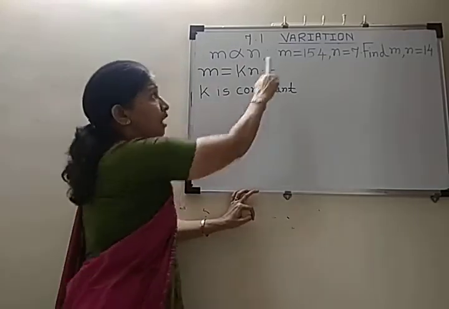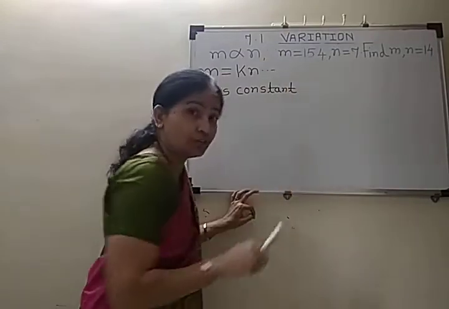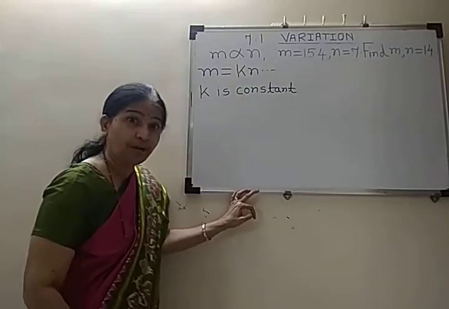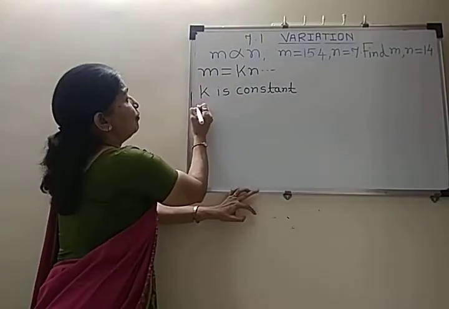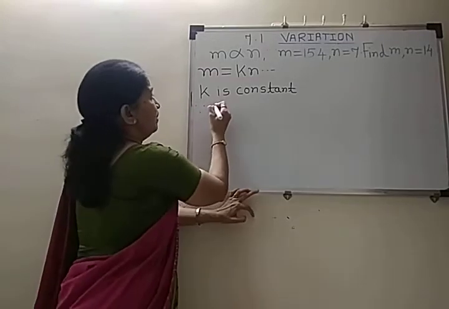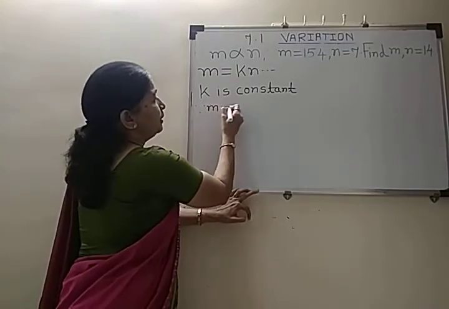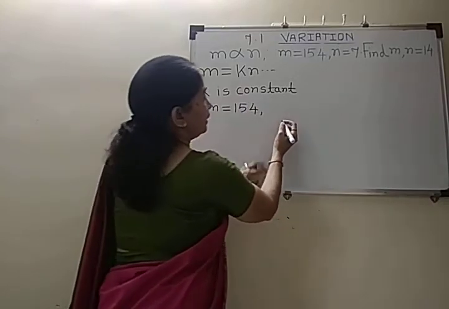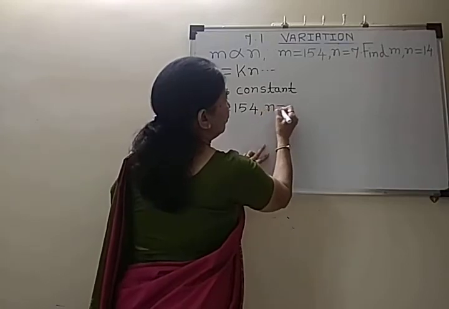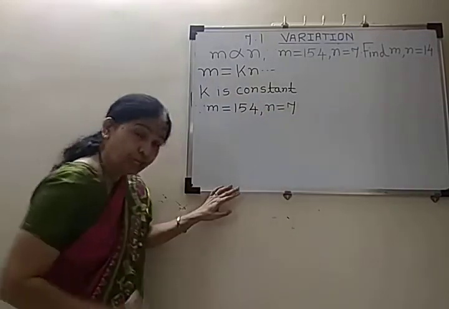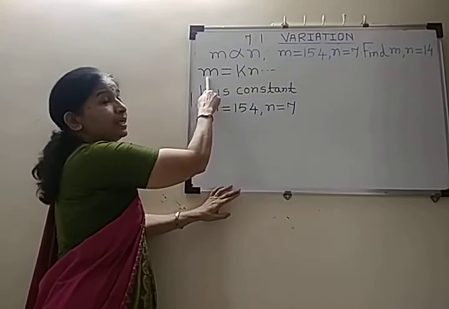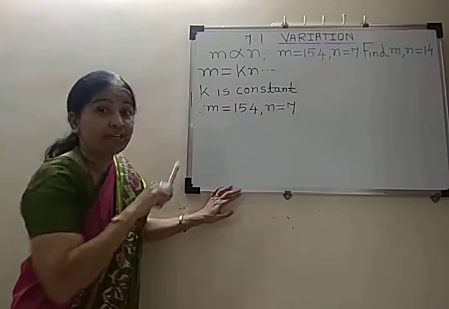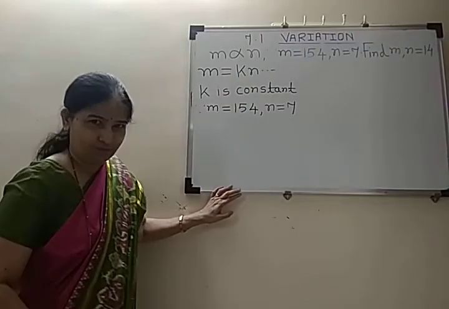Then now they are saying when M is equal to 154, that time N is equal to 7. So we will substitute these values in this equation, and at first we will find out k, which is constant.